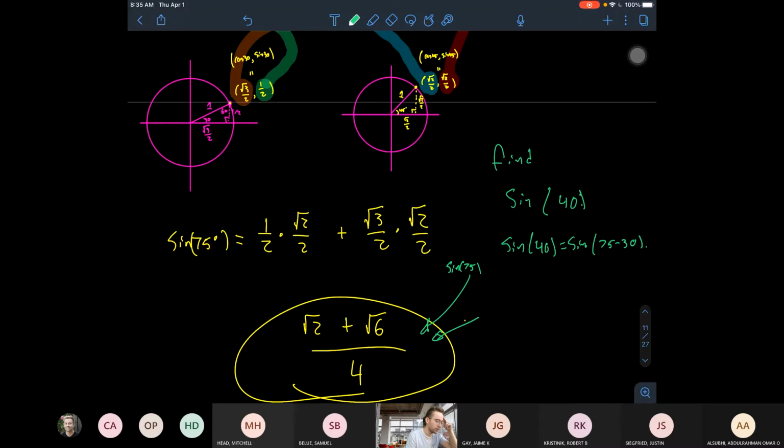So I can use all of these things to find all of the possible angles which I can express as a sum or difference of angles which I already know.